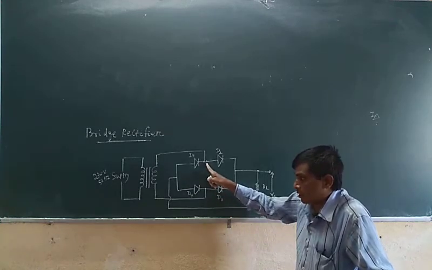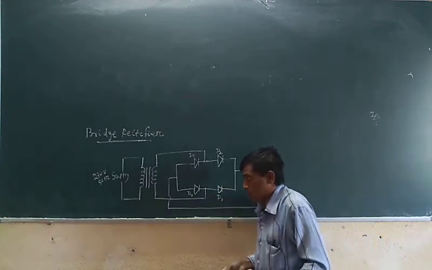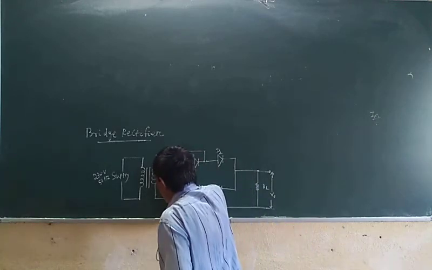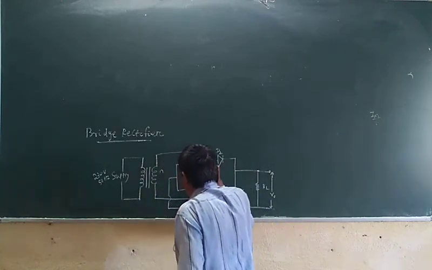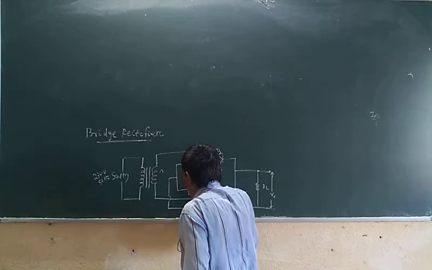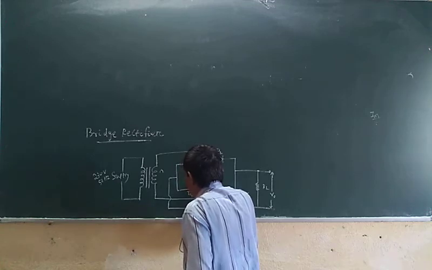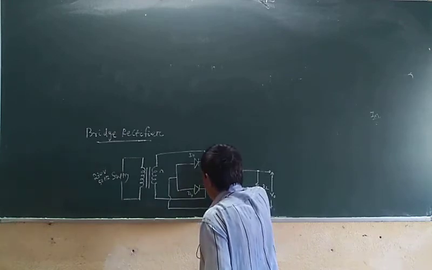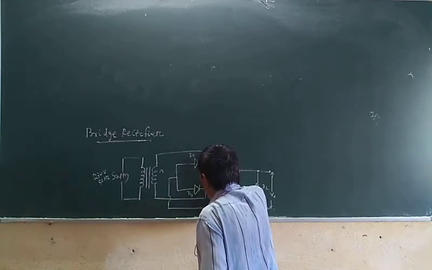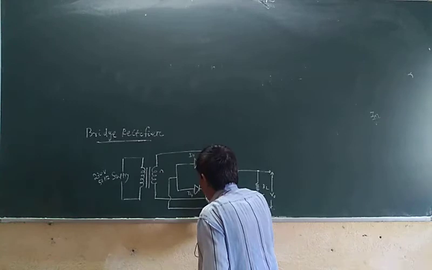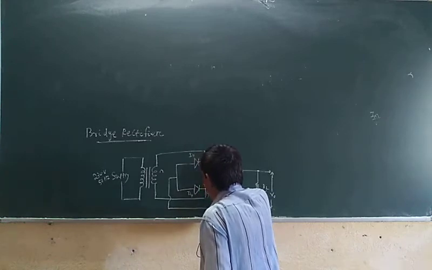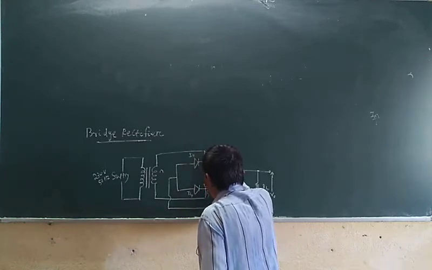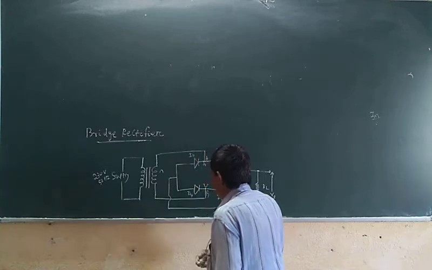So in this section, when the positive half cycle of the input supply reaches that point, at that time the negative half cycle reaches the other point. So the positive half cycle reaches point A, then it is connected to D2 and D1.